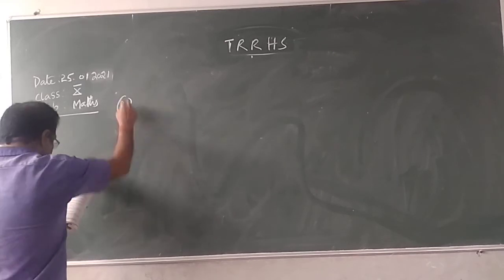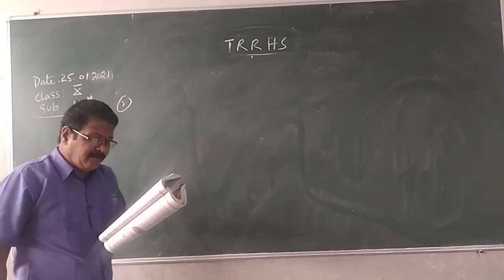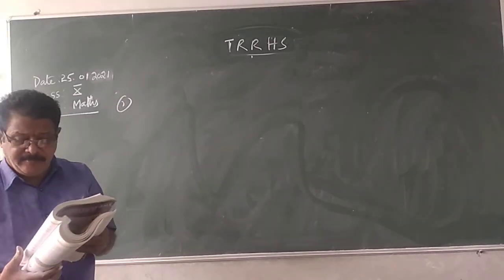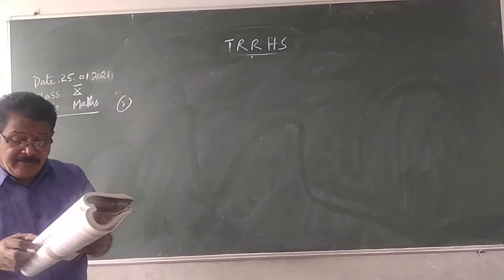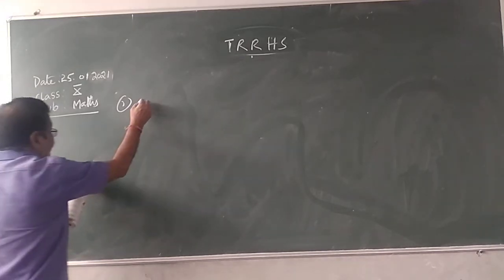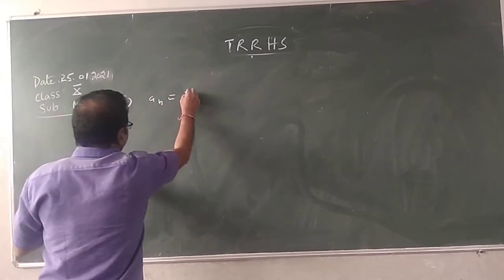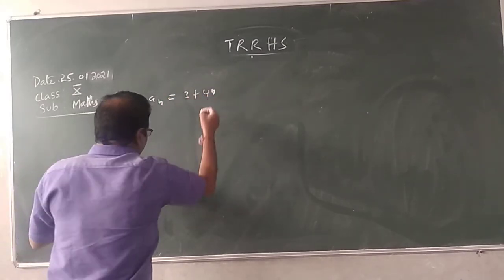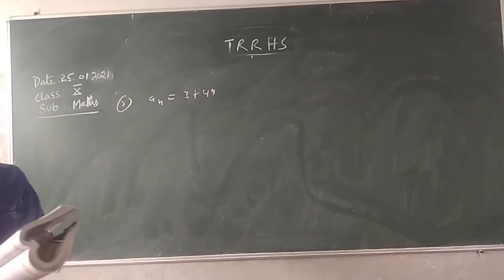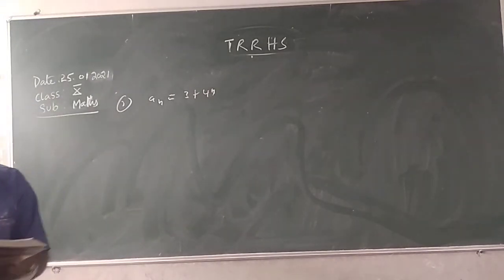Show that A1, A2, A3, An form an AP, where An is given as 3 plus 4n.